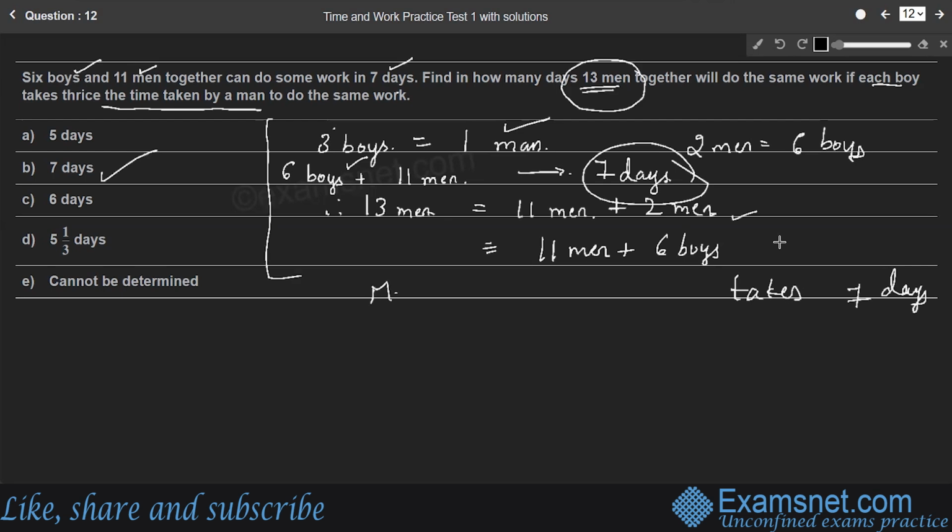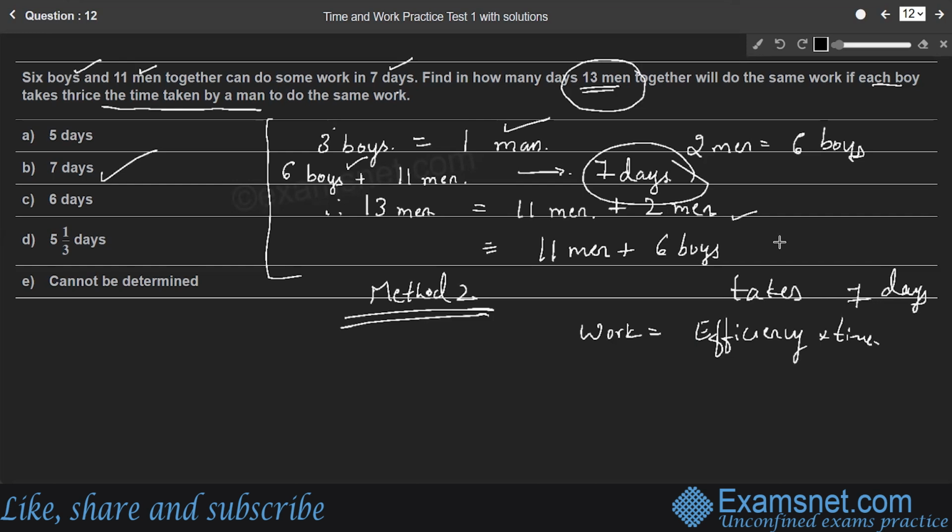Another method we'll consider is the theoretical method, method 2. 6 boys and 11 men together can do some work in 7 days. So we'll consider this question in terms of the concept of work, which is efficiency into time. How many days do 6 boys and 11 men take?